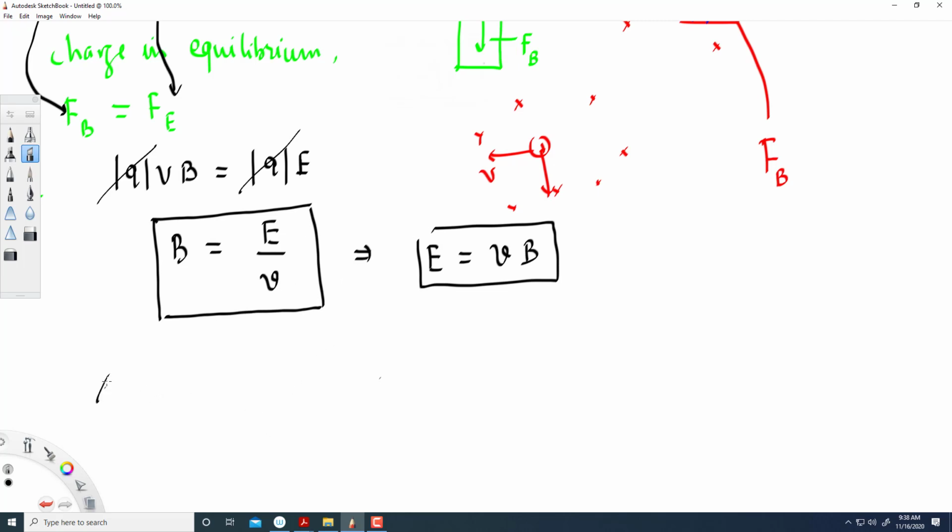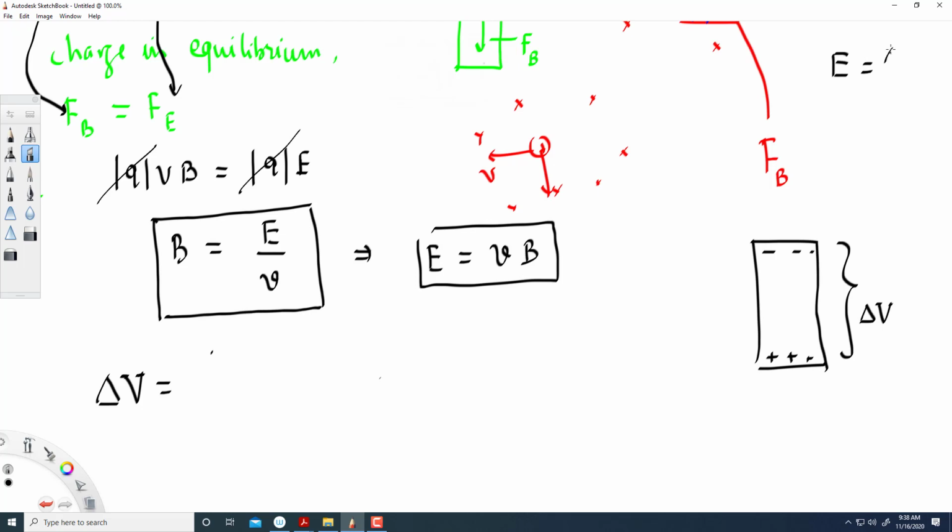But here our purpose is to find delta V. How much potential difference would there be across the top and bottom of this conductor? We want to find this delta V, potential difference, or EMF. We know E is delta V over D. That means delta V would be E times D. E is VB, and D is this distance, the length of the rod.